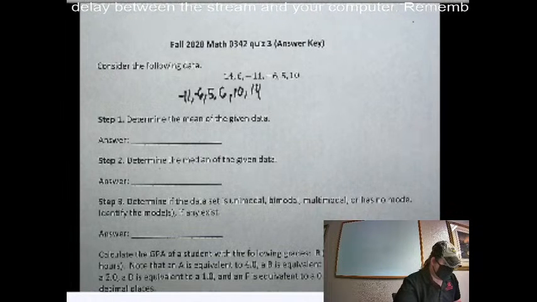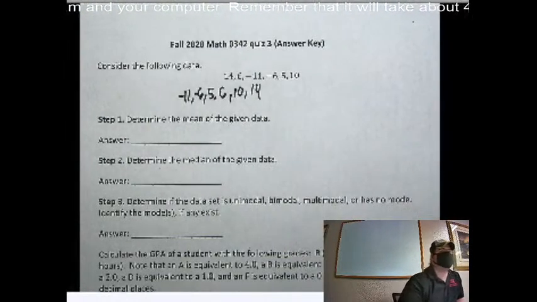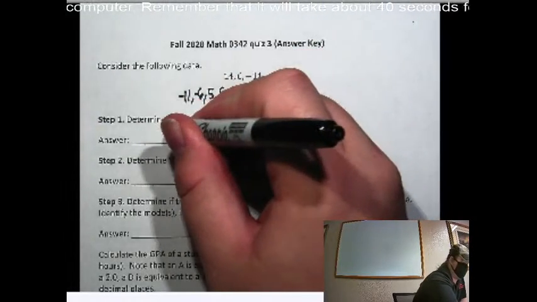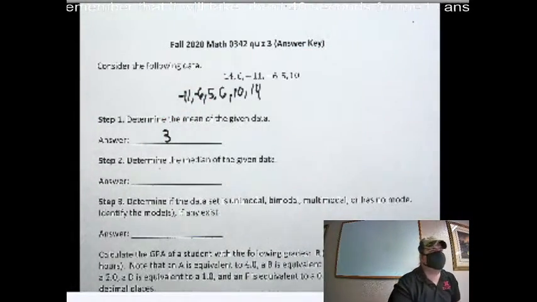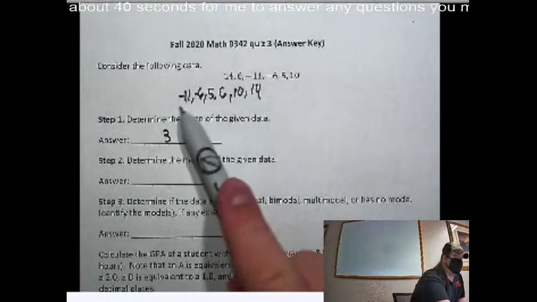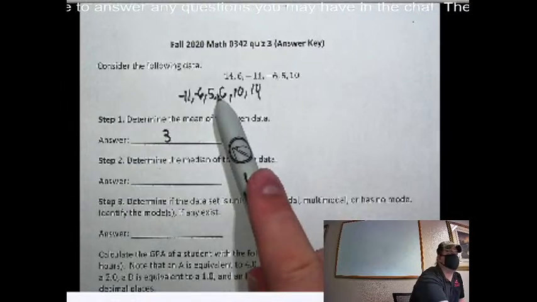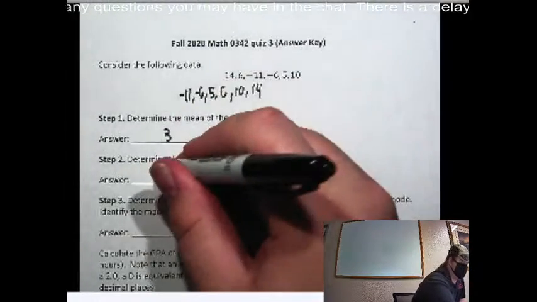Plus 10, plus 14. We get 18 and divide by the number we have, which is 6, and we get 3. So we have a mean of 3. Then the median, we just find the middle number, and we have two numbers in the middle, 5 and 6, so we need to go for the number between 5 and 6, and that's 5.5.